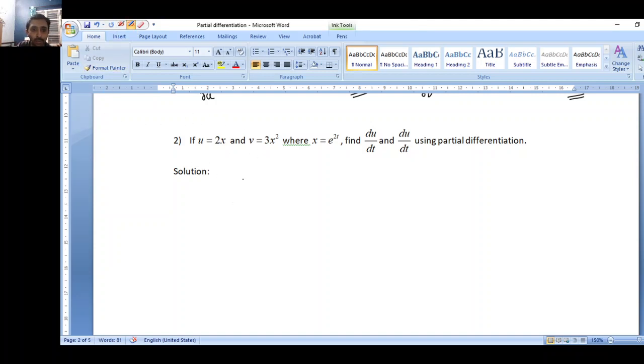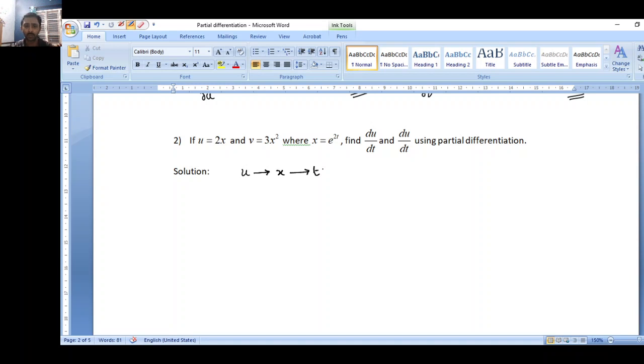So as you can see here, u is given in terms of x, and x, as you can see here, is given in terms of t.